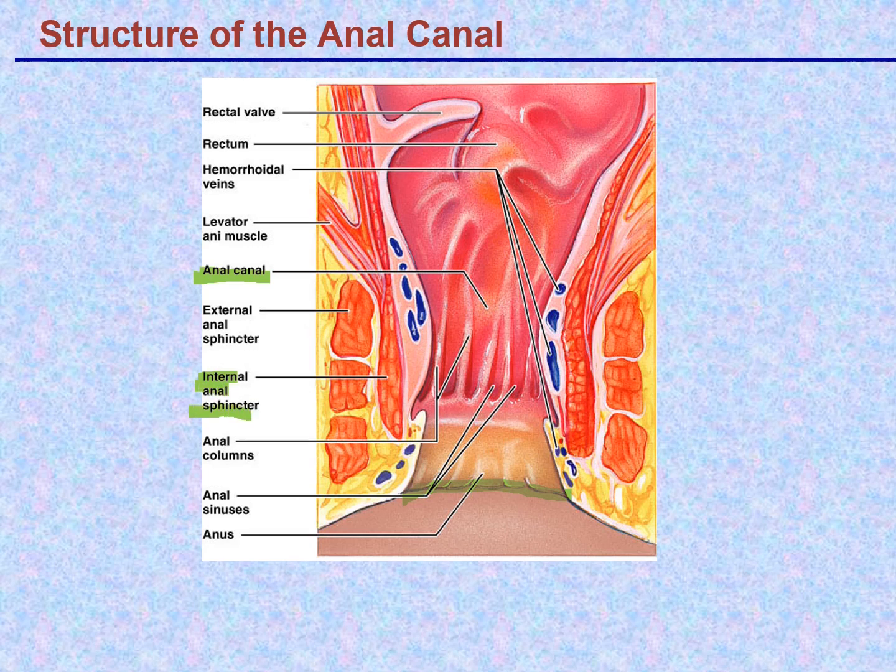The internal and external anal sphincters differ in that the internal one is under unconscious, involuntary control, whereas the external one is under voluntary control. And you'll see how that's important in the next couple of slides, maybe.